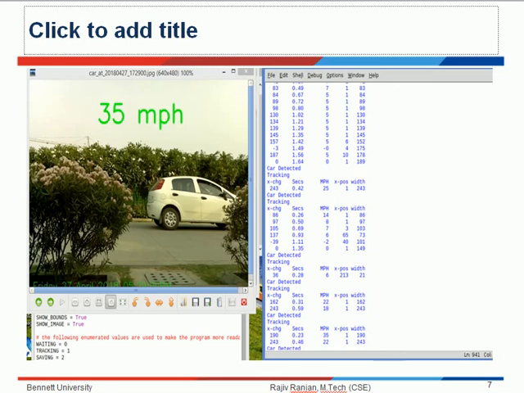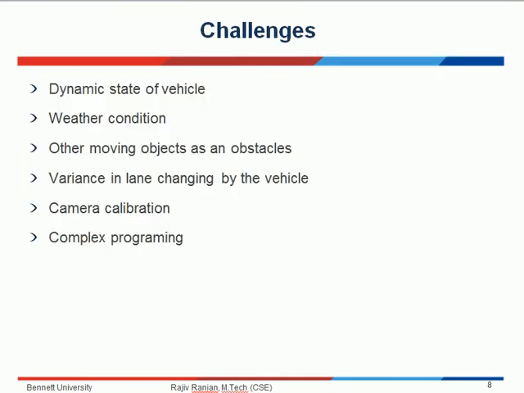Let's proceed. The next thing is some challenges. There are some challenges and limitations of this project. The first is the dynamic state of vehicles. Detecting different kinds of vehicles and their states is quite a difficult thing. The next is weather conditions.